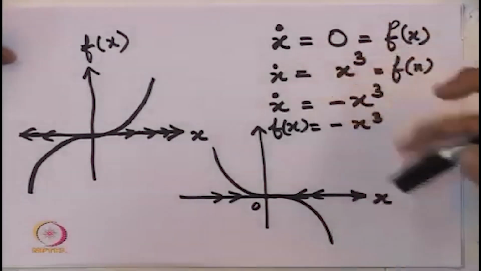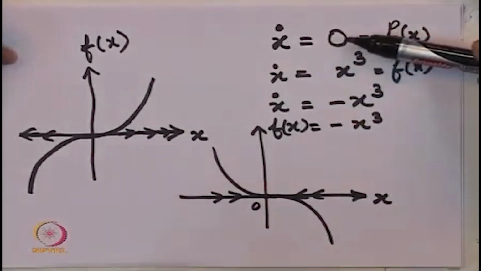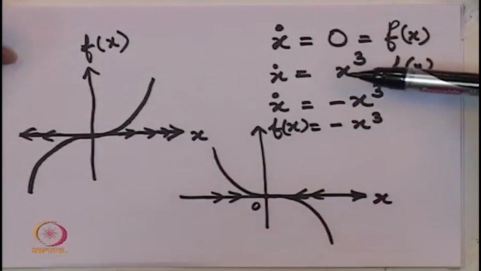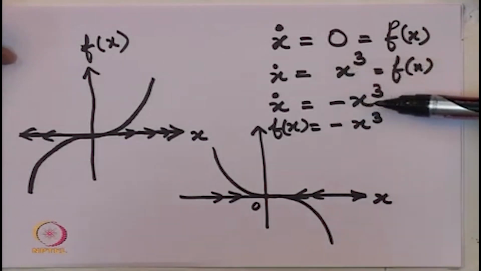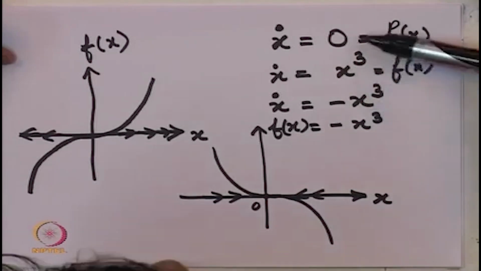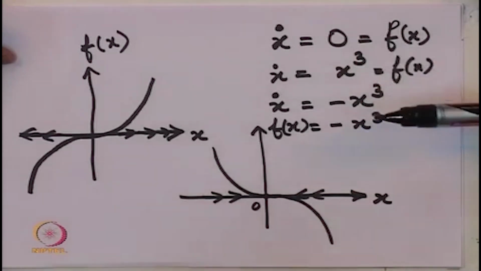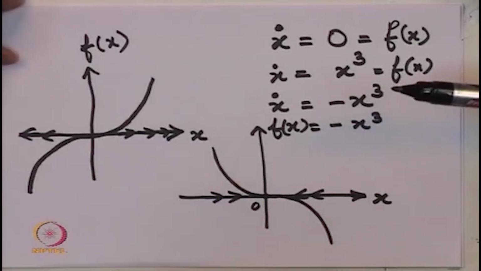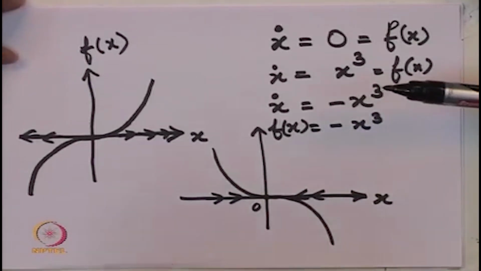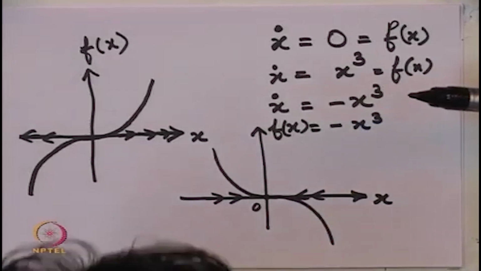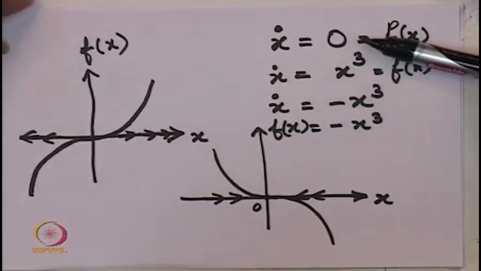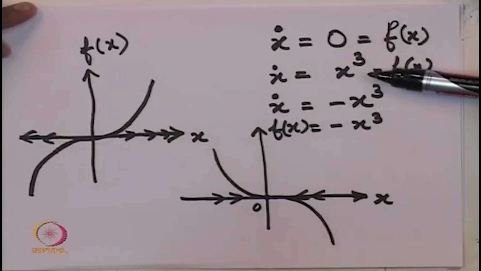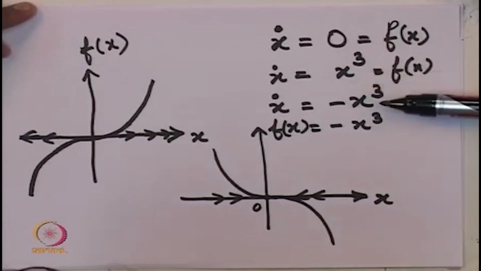So, in these three examples, one where x dot is equal to 0, second where x dot is equal to plus x cube, and third where x dot is equal to minus x cube, in each of the three examples the tangent to the curve f of x versus x at the equilibrium point has slope 0, but in one case all the points are equilibrium points, in one case the equilibrium point is unstable, while in another case the equilibrium point is stable.